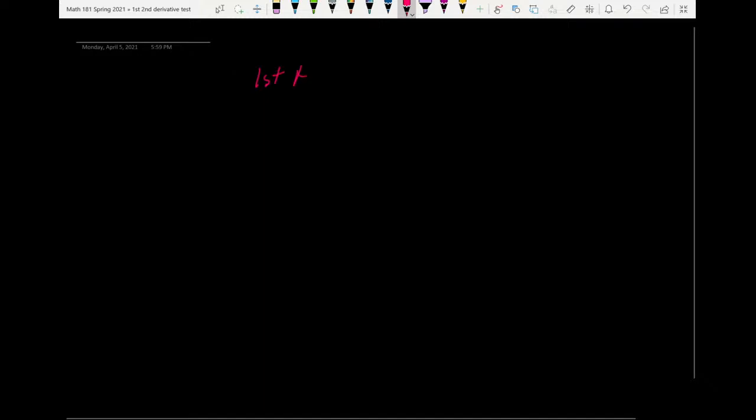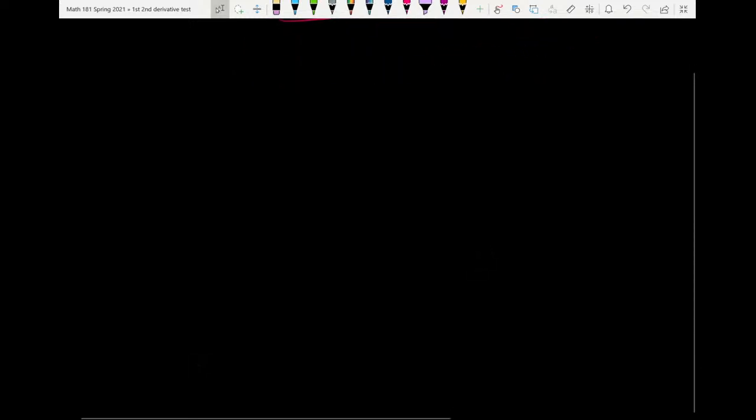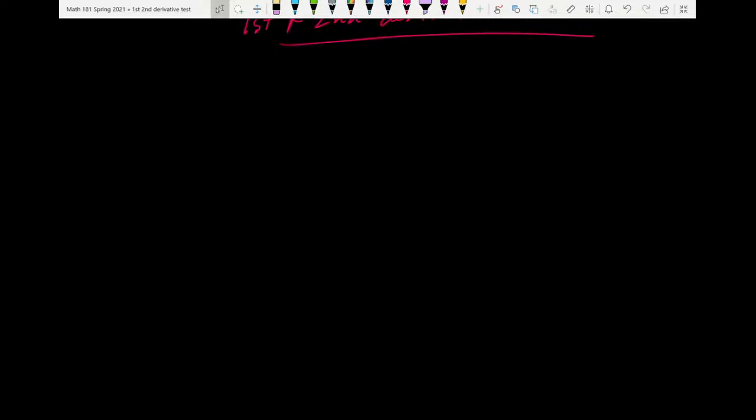First and second derivative test. So in the last class, we talked about finding the critical points. And then we're going to look at point of inflection.